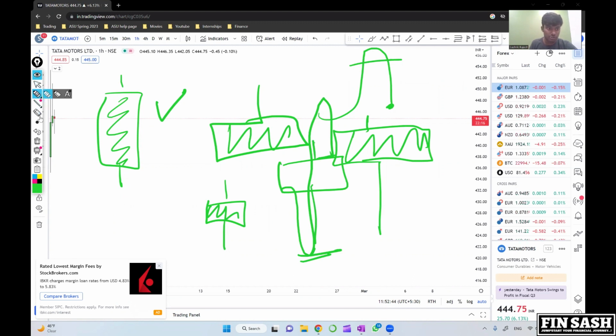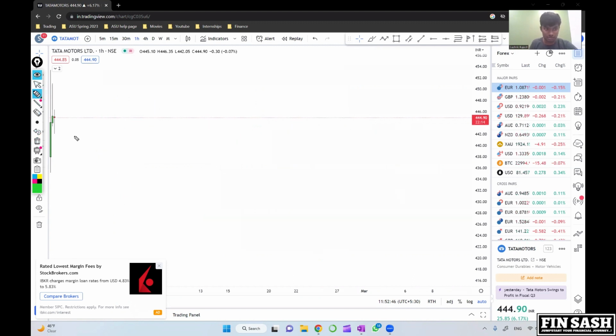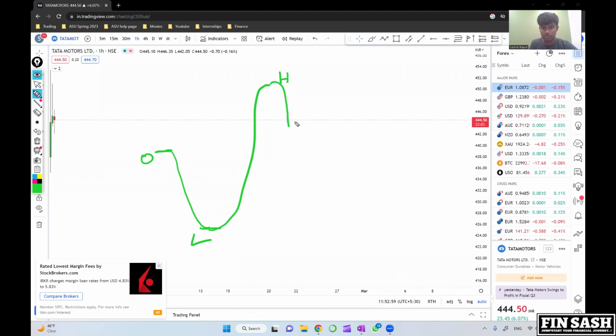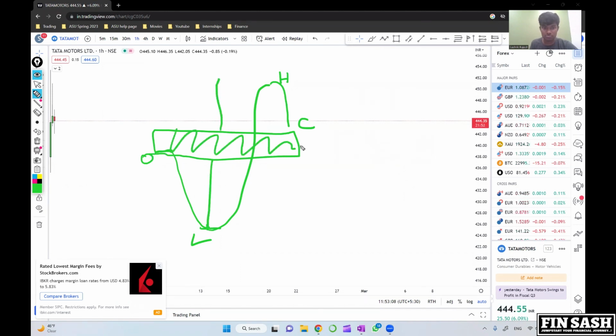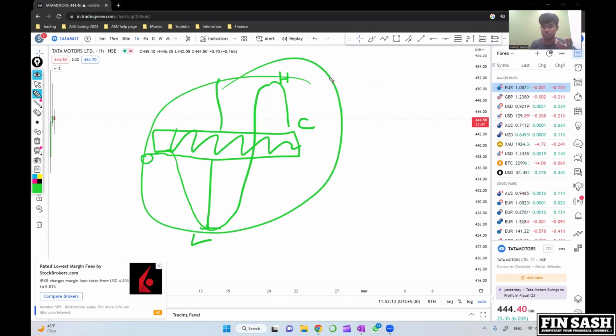So I'll just draw this really quick if you guys still couldn't understand it. So I'm saying that it opens here, creates a low here, right? Goes and creates a high and closes here. So if I draw the candle, it basically looks like this, right? So in this case, what do you think? Are the sellers dominating or the buyers dominating?